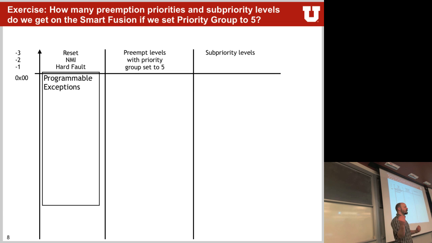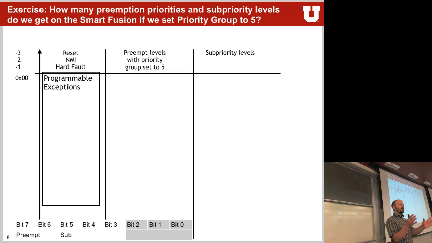If that interrupt happens, it will execute the NMI interrupt handler. Then we have the hard fault at priority -1, and there is a special way of turning off hard faults, but usually you don't want to, because it means something went really, really wrong in your system. The rest are programmable from priority 0 down to 255.